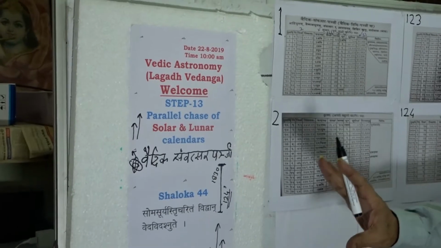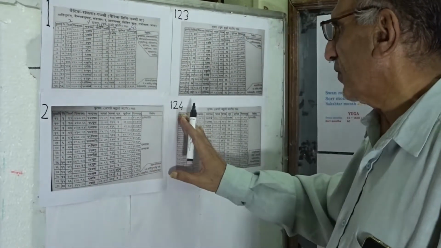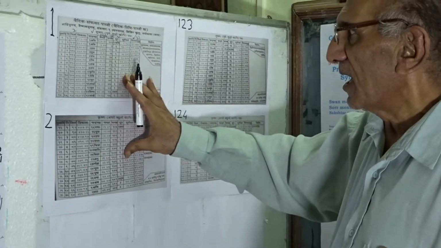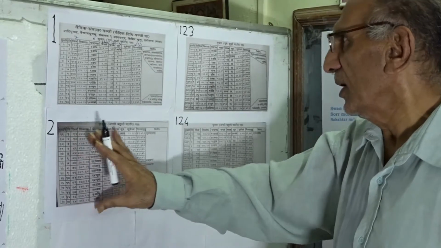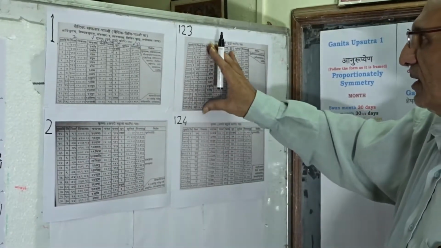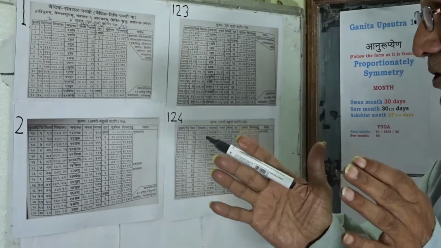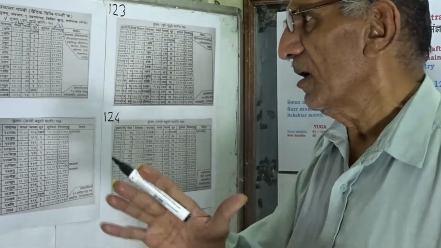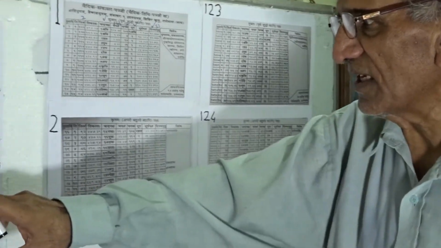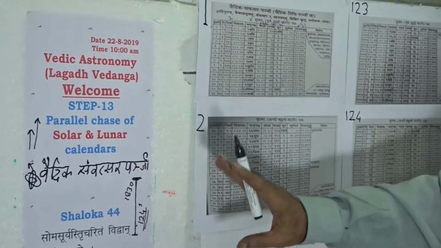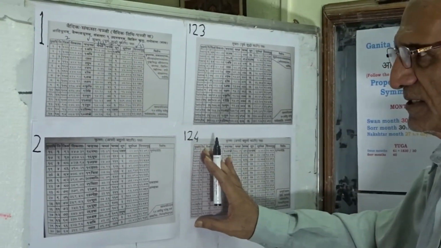So we have to reach at these 124 tables. Here are given table 1 and table 2, and then table 123 and 124. Rest tables we know are there in the book. Here it is just to indicate that as Vedic Sanvatsar Panji, we have to reach at these 124 tables.